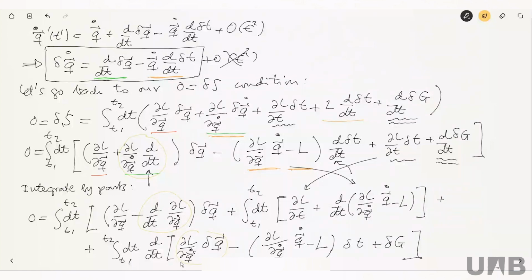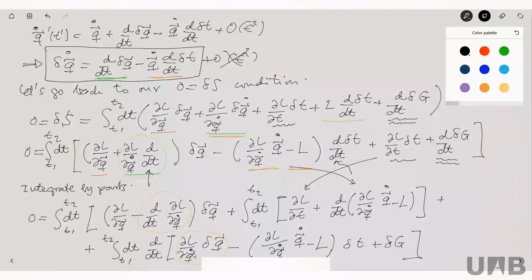Okay, the second term is the derivative with respect to time of the product of the two, right? The product of the two. So that means that it has the derivative of L with respect to q dot, derivative with respect to time, whole thing times delta q, but this is going to cancel against the first yellow term, this one.